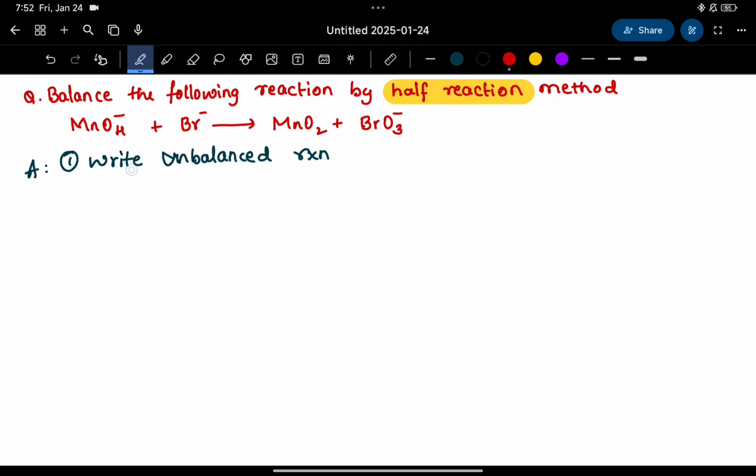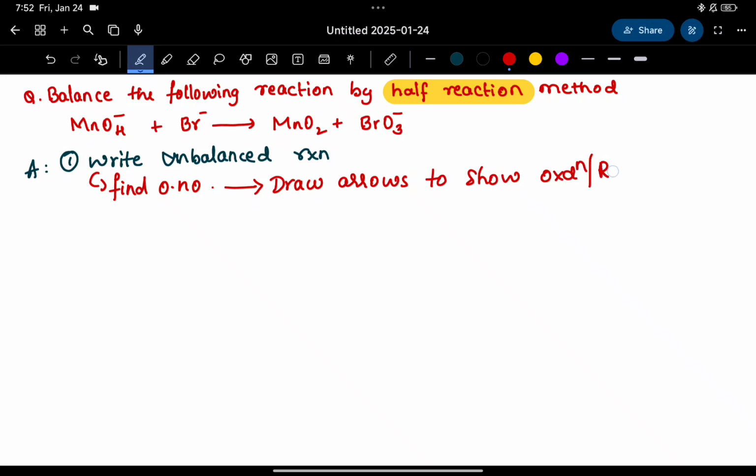After writing the unbalanced reaction, next you have to find the oxidation number. Once you determine the oxidation number, next you have to draw arrows to show oxidation and reduction. This step is the same in both cases.